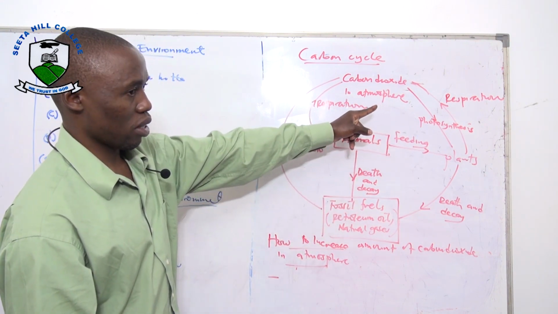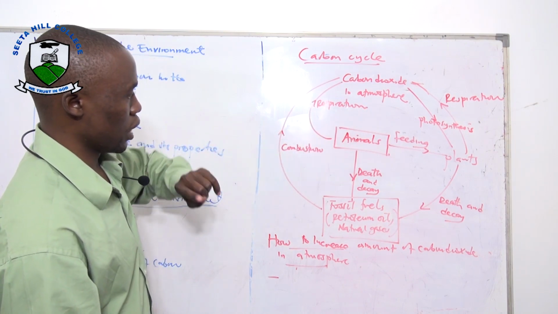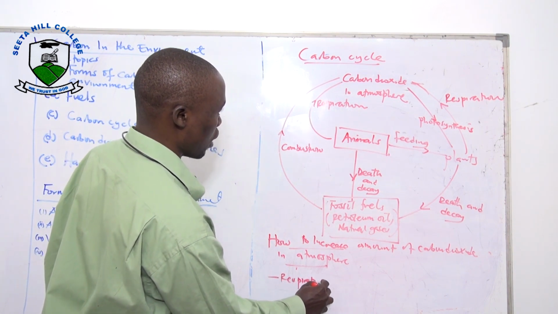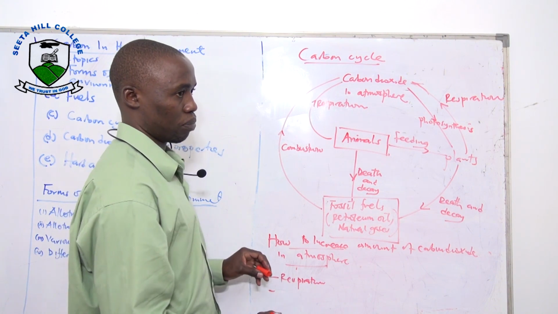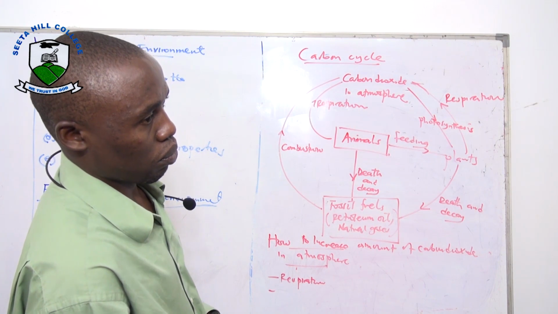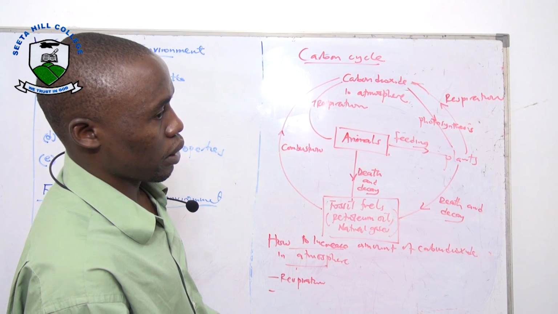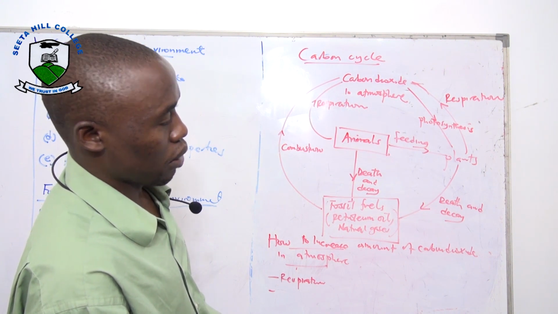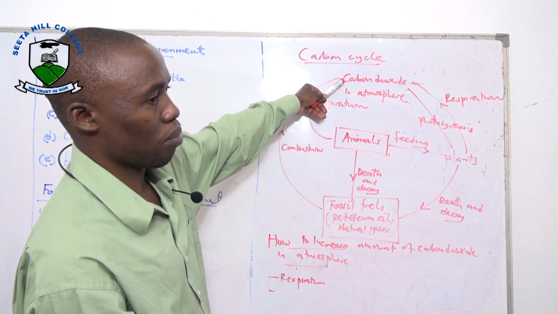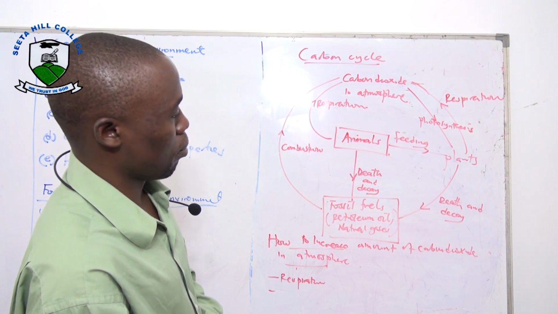Decaying plants. Respiration of plants and animals. When something is decaying, it produces fumes and smells. Is there also carbon dioxide? It's very possible. In fact, this animal to carbon dioxide here can also be through death and decay.